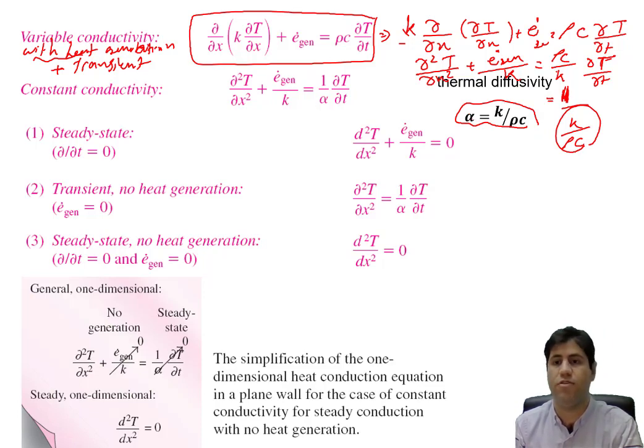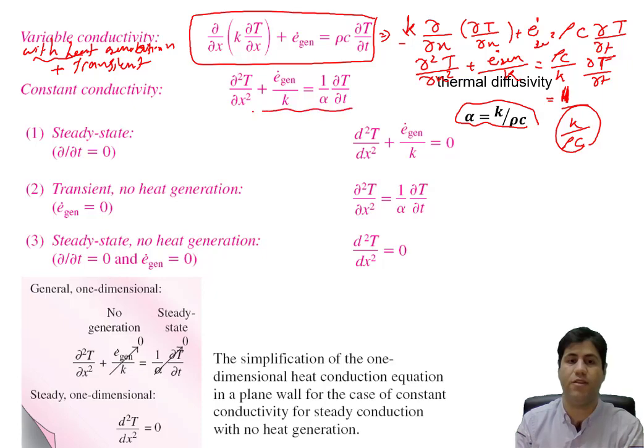So we substitute here the partial of temperature with respect to time, like this. When we have constant conductivity, our equation is simplified to this one. K is not variable anymore, it is not inside this partial.